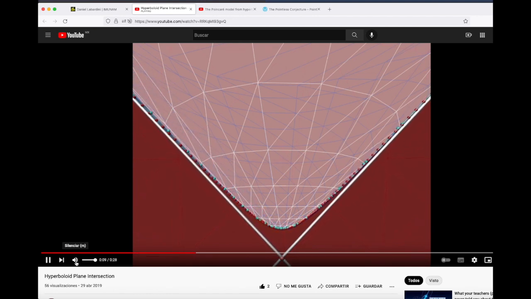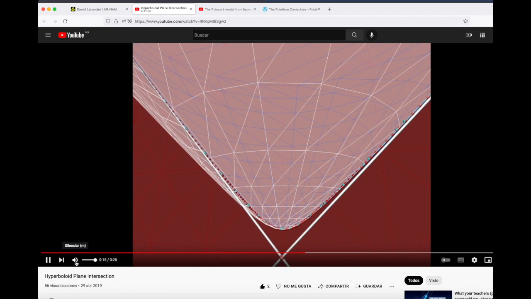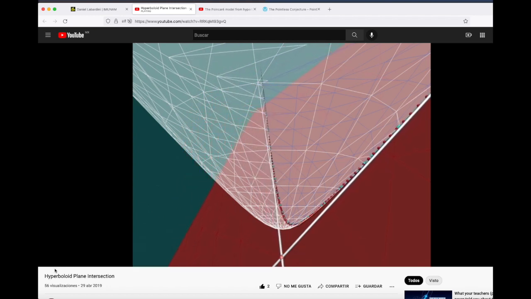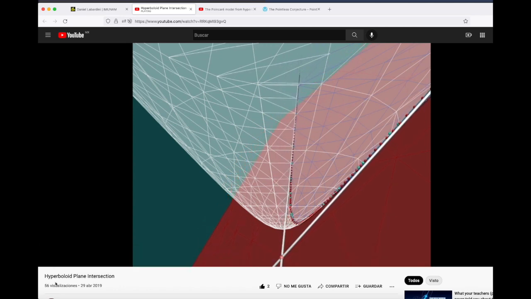So you see that the plane is really moving, and what you are seeing is the corresponding intersection. So that's also how the shortest curves in the hyperboloid look.